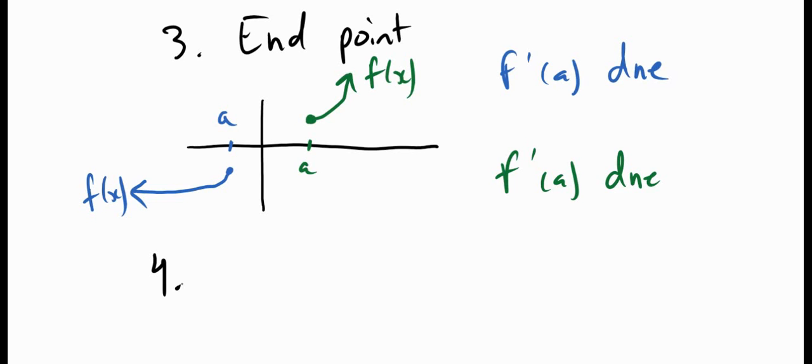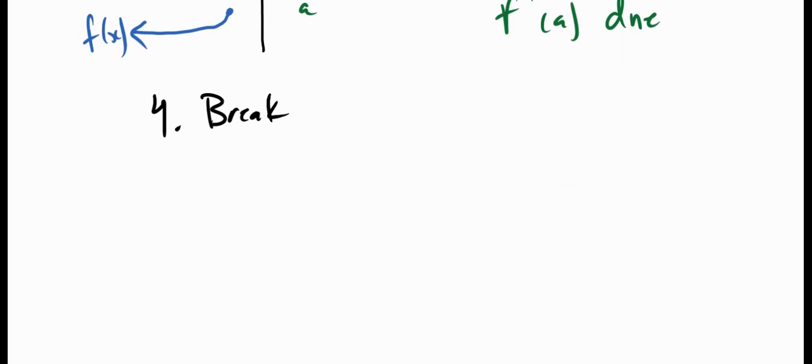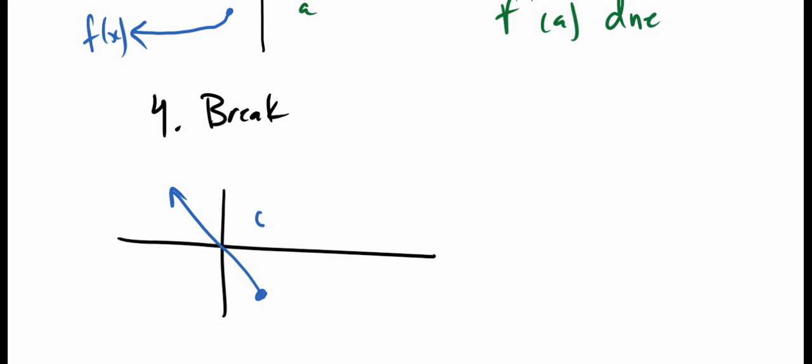Confusing going back and forth. And the other one is one that I think people have kind of been thinking of as a break. A break where it exists at that point. F prime at A does not exist.